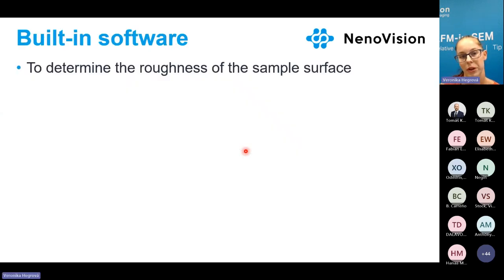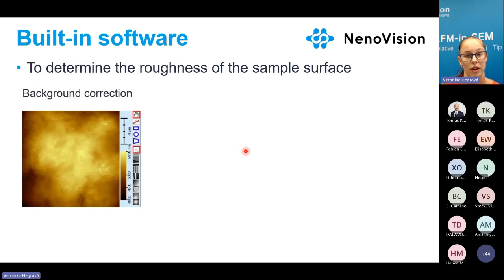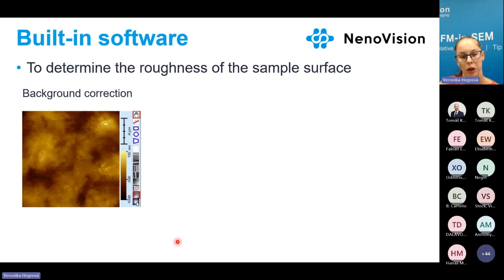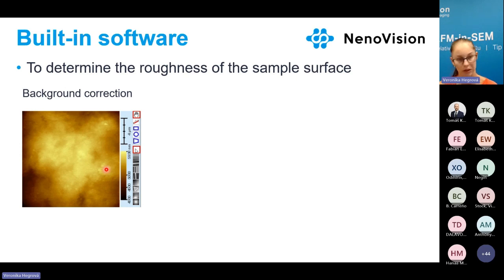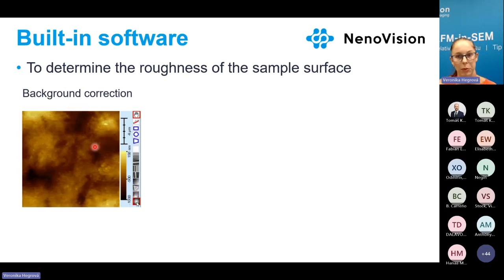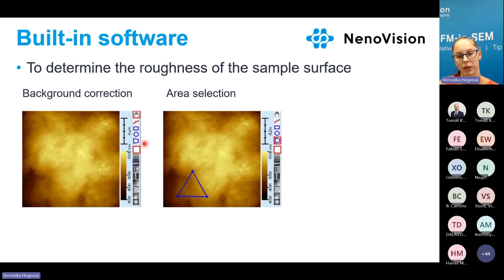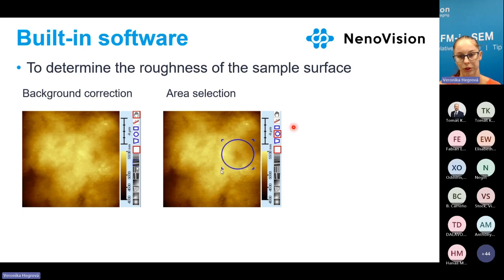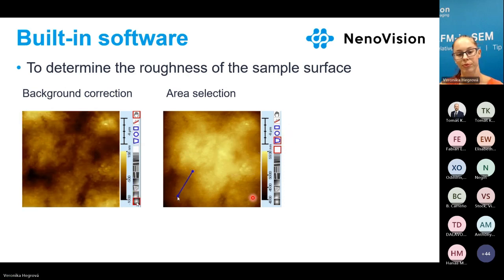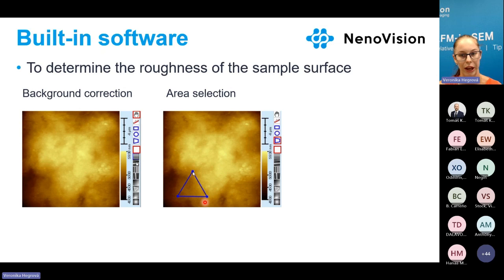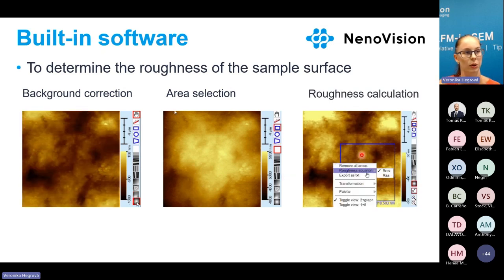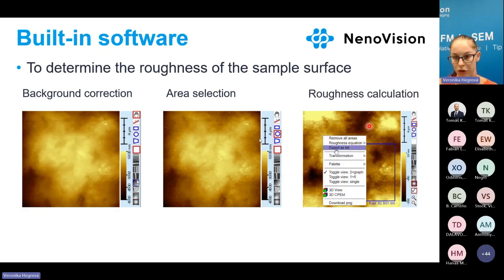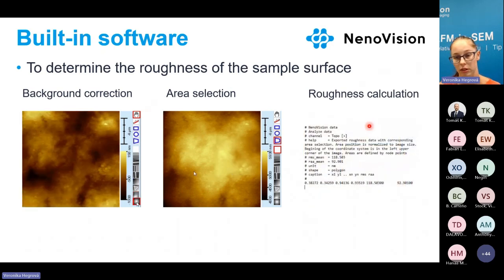Now we also have built-in software to determine the roughness of the sample surface. Of course, without background correction, it's impossible to get the roughness. So we have different background corrections which you can use, whichever fits your surface best. Then you can select the area using a rectangle, circle, or polygon, and afterwards we can calculate different roughness parameters and export the data in a text file.